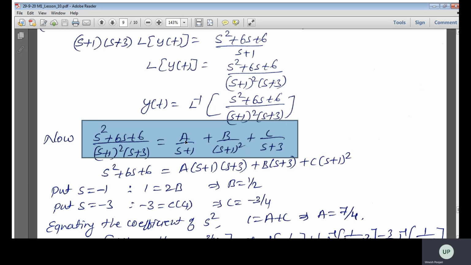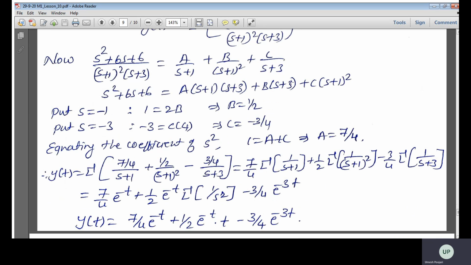Multiply this complete equation by the denominator of the LHS, then we get s² + 6s + 6 equal to A(s + 1)(s + 3) plus B(s + 3) plus C(s + 1)², which means we multiply the right hand side also by the denominator of the left hand side. Now find the A, B, C values by substituting some values for s.